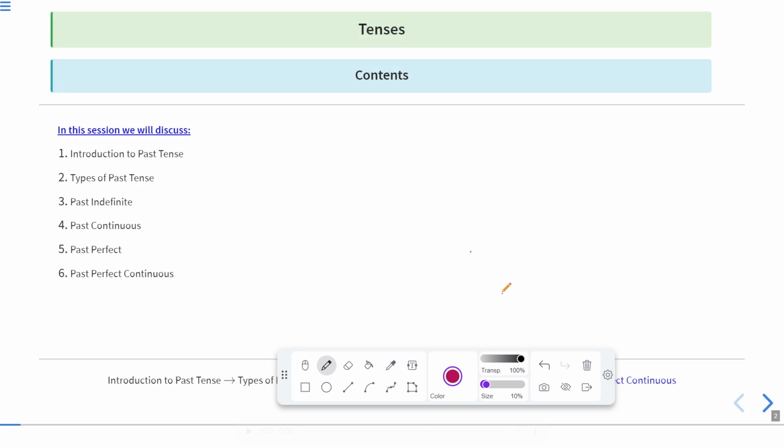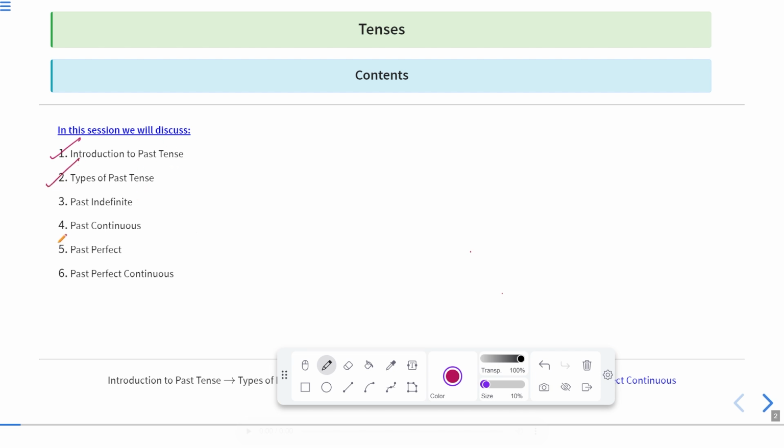Now, first of all, let us see the contents of this session, what we are going to discuss today. We will discuss the introduction to past tense. First of all, we'll discuss those tenses which show past time or the past duration of time.